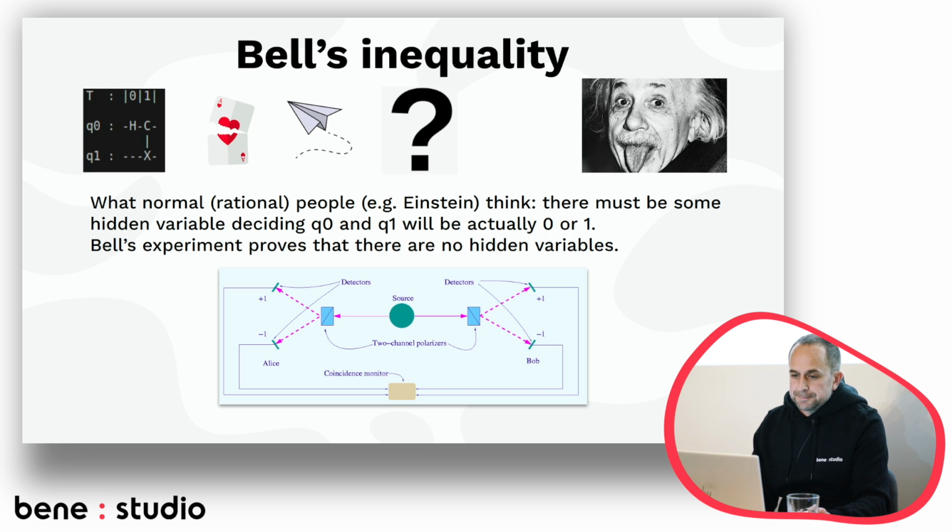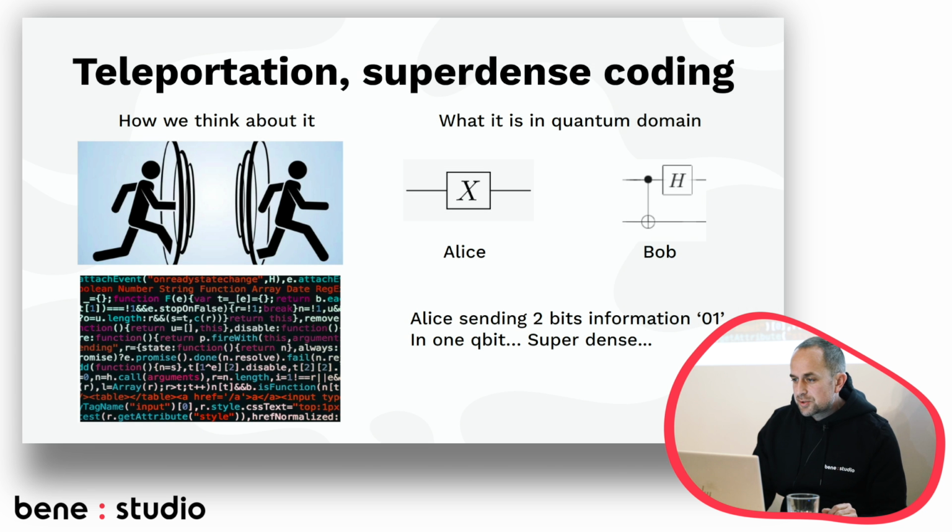Okay, so yeah, that's kind of interesting, but what can we use it for? So here I show you two applications which work, and I'll talk about them a little bit: quantum teleportation and superdense coding.